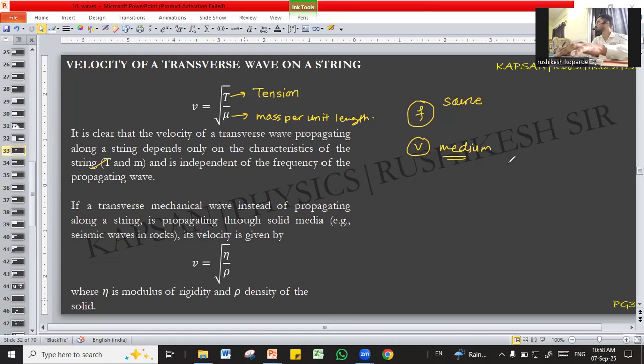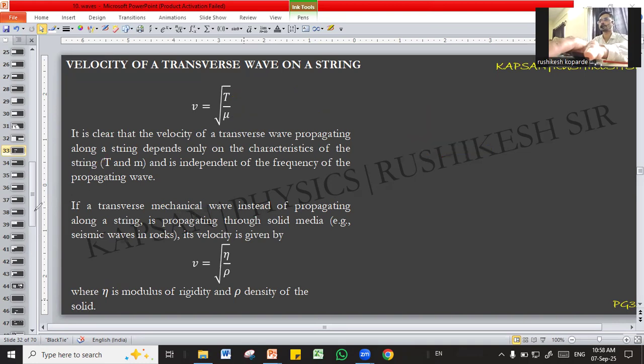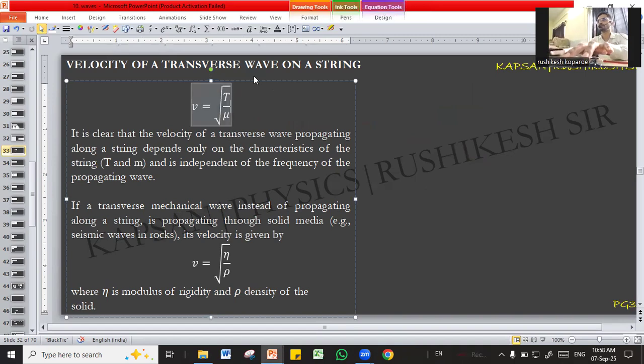So it depends on the parameters T and mu. They have written M here. Sometimes mass per unit length is also written as a small m. So let us change that to mu.